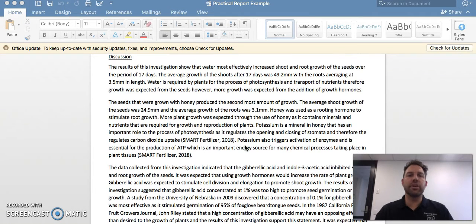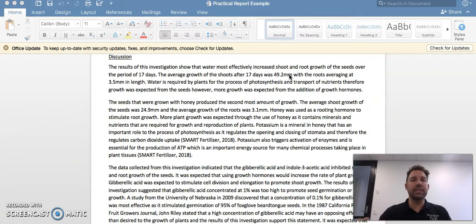I wanted to show you a discussion so you could see what a discussion could look like. So in the first paragraph, they've used data from the tables to try to suggest what is happening and why it's happening. So the data suggested that with 50 grams, the acceleration was this, but with 500 grams, the acceleration was much slower.